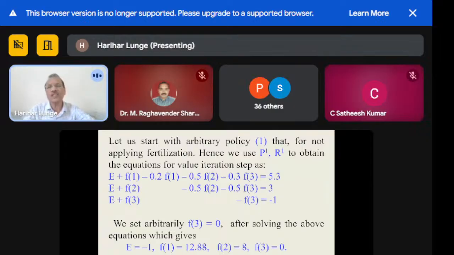When the first policy is selected, the corresponding matrices will be P1 and R1. Using P1 and R1 and the value determination step, we have the equations. After solving these equations and setting the F values, we obtain the policy improvement step.